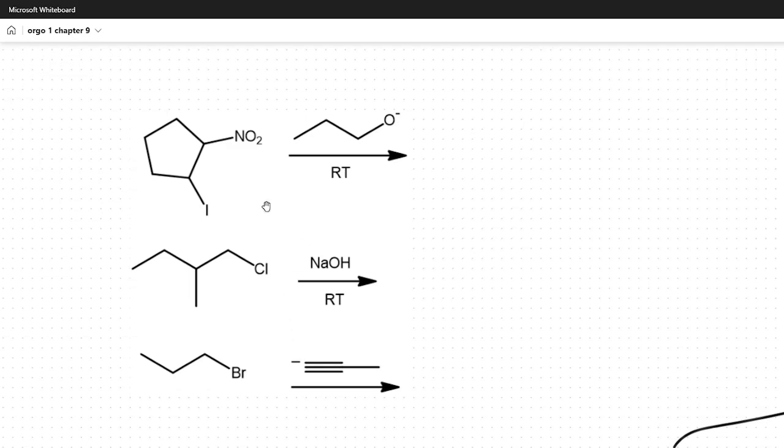Now, let's see if we can try to give the mechanism of these reactions. You can pause the video here and see if you can come up with a mechanism. The lone pair on the oxygen will be attacking the carbon directly bound to the halide, because that's where the partial positive charge is. At the same time, the electrons go to the halide, so the halide leaves.